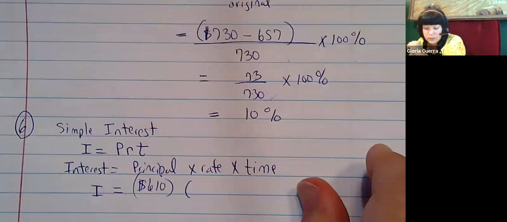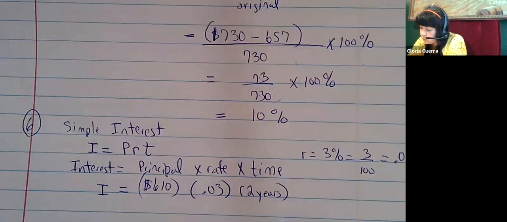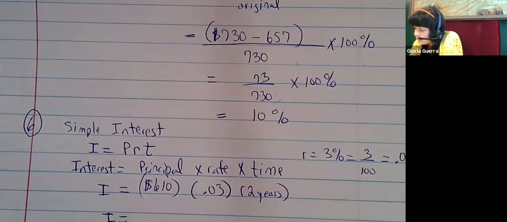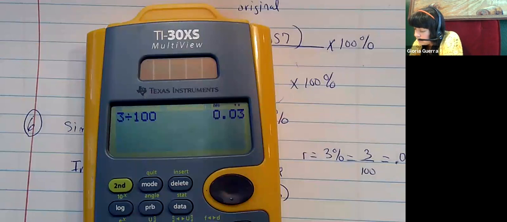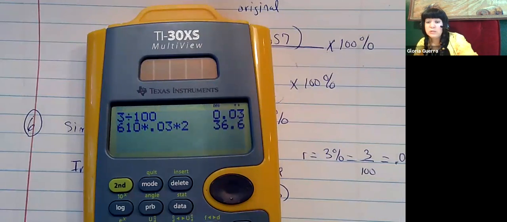And the time was 2 years. So you can just put times 2 years. So when I do this, 610 times 0.03 times 2 gives you $36.60. Okay.